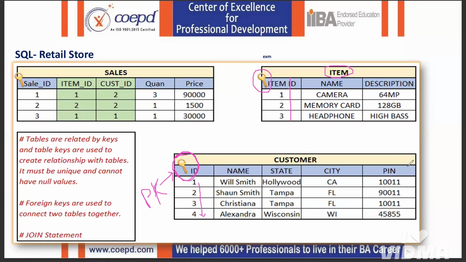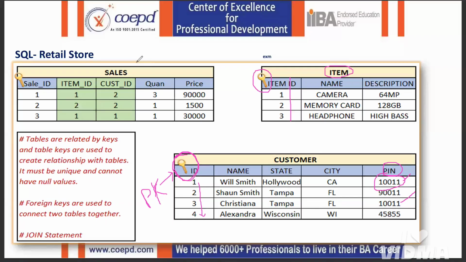For example, the pin codes 10011 and 100 are repetitive, which means redundancy. A pin code can be the same for any user, but not the IDs. IDs must be unique, then only we can identify them. That's how it works in SQL.